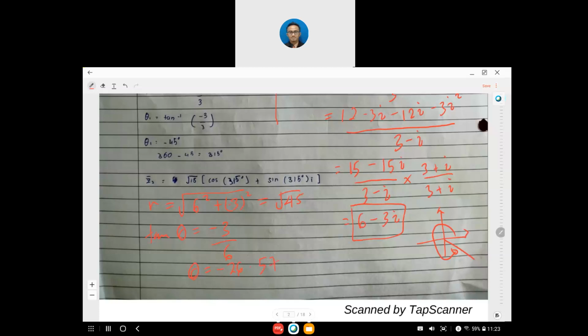Okay, but this one gives this area. Okay, so you need to find theta equal to 360 degree minus 26.57 degree. So you can get berapa? 333.43 degree.